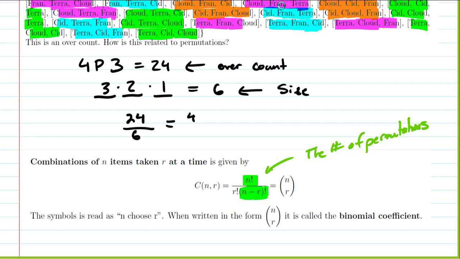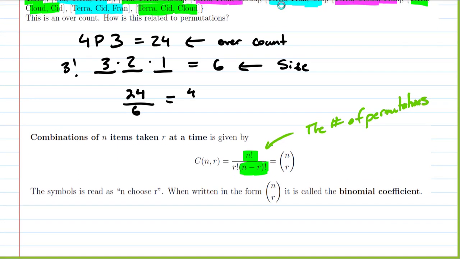So here, our overcount was 3 factorial, which is 6, which gave us our total number of things. So we're just going to include that in our formula. So we're dividing out the overcounts.